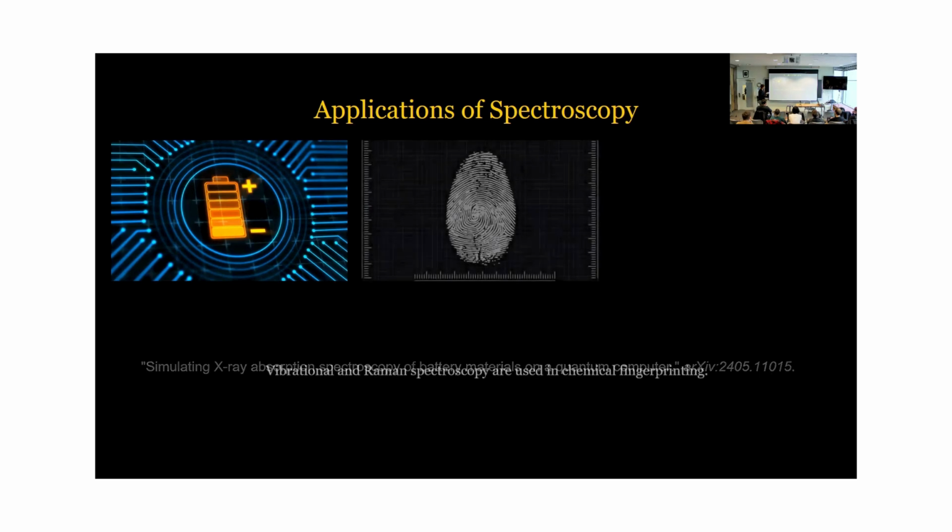Other than batteries, we have molecular or chemical fingerprinting. Basically, vibrational spectroscopy and Raman spectroscopy let you fingerprint material in the sense that different molecules have particular vibrational spectra. And vibrational spectra is something you can measure fairly easily.